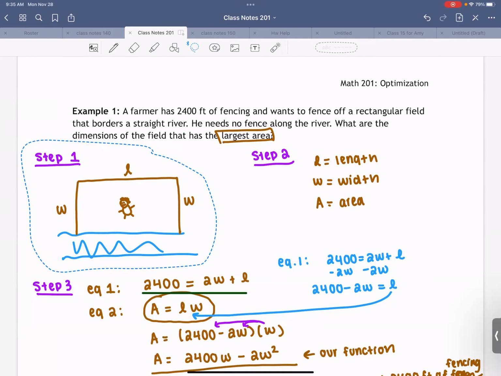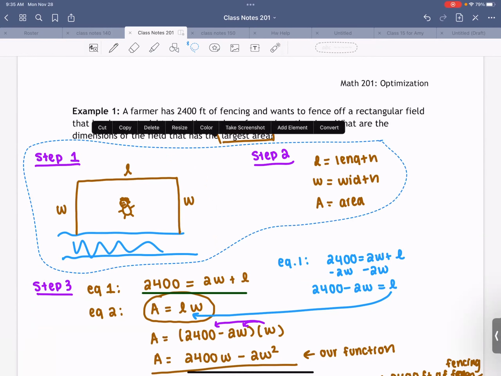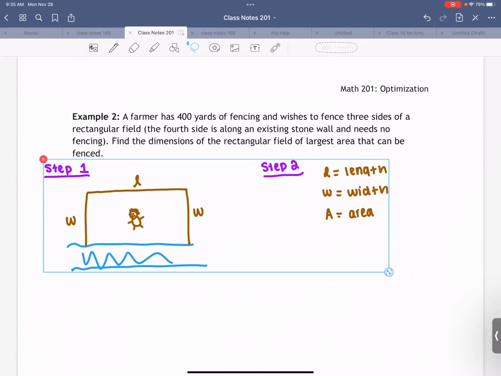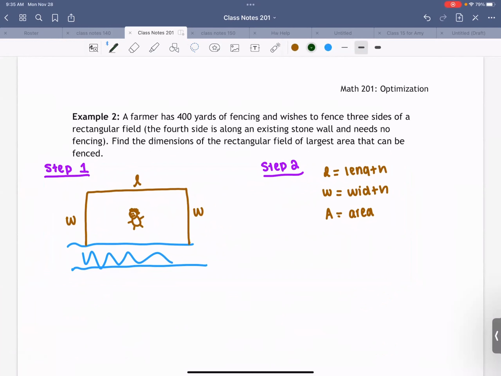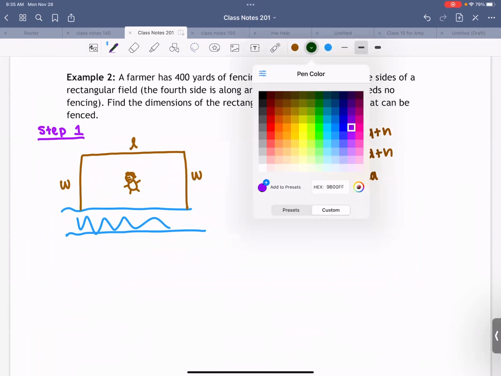Steps 1 and 2 are the same here, so I'll copy that over and we'll get him on the fence again. Step 2 is pretty much the same. We're using the same labels for everything.